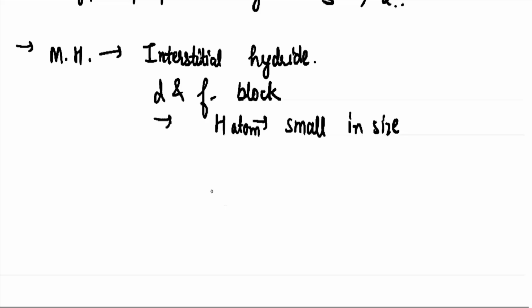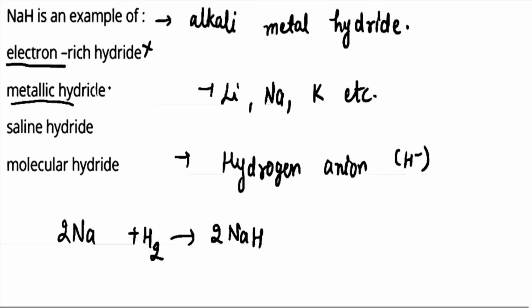That is why such hydrides are called interstitial hydrides. So this option is also not correct because sodium does not belong to the D and F block elements. It belongs to the S block.